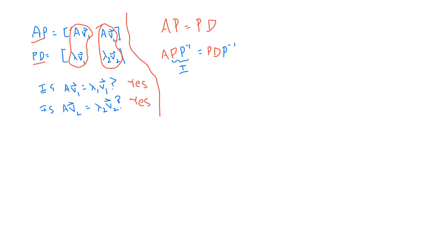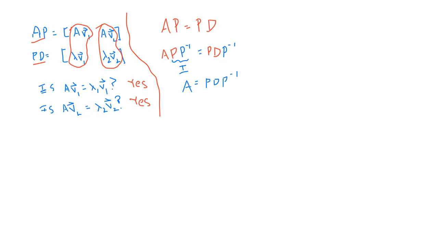Well, P times P inverse is the identity. So the matrix A would equal P times D times P inverse.